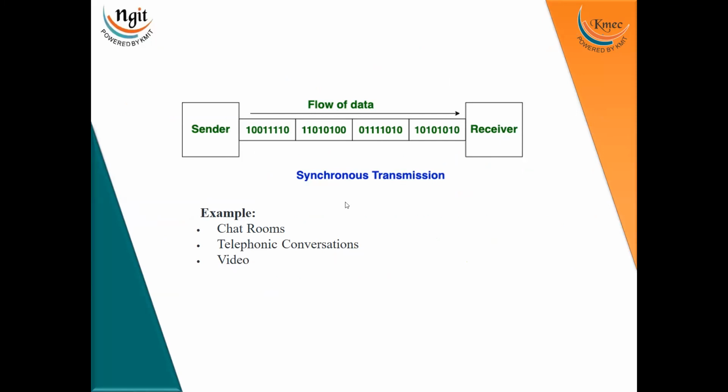The best example for synchronous transmission is a telephone conversation. Chat rooms and video calling also come under synchronous communication.